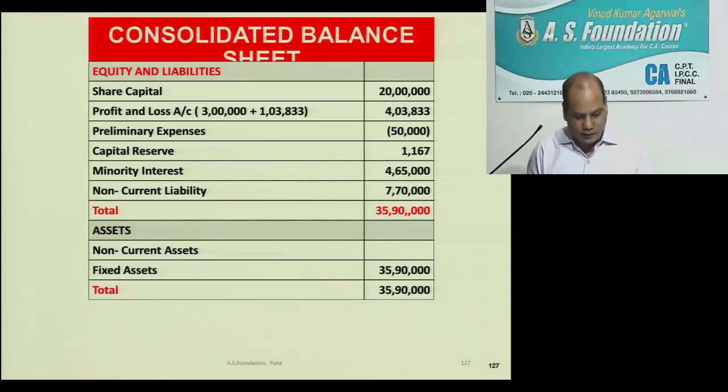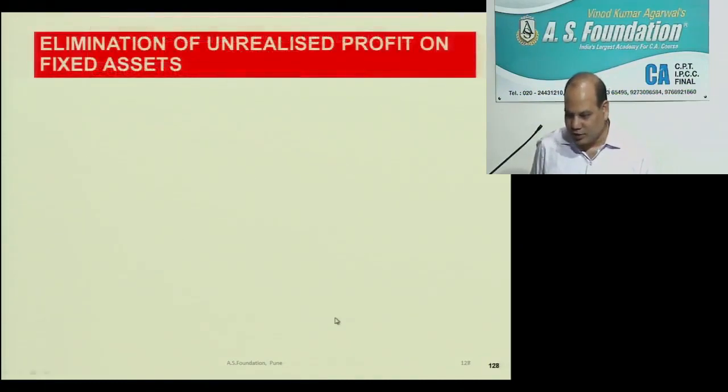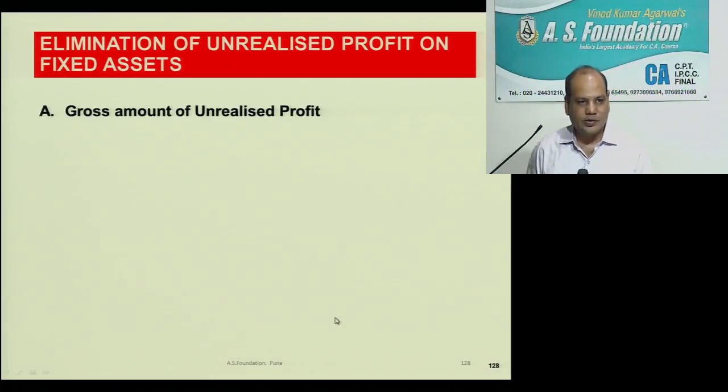Now the next paragraph in your book, just check, is it elimination of unrealized profit on fixed asset? Yes. So one more adjustment which you will get sometimes is elimination of unrealized profit on fixed asset. Some minutes before you have seen elimination of unrealized profit on stock.